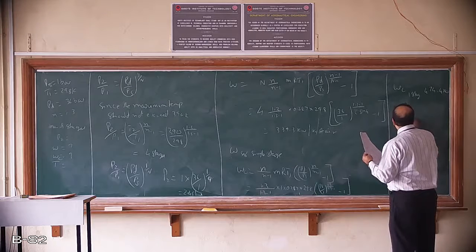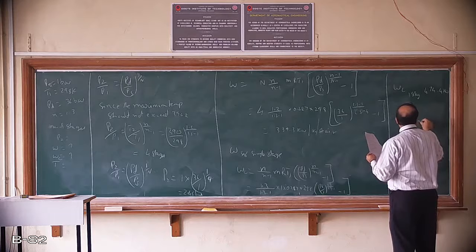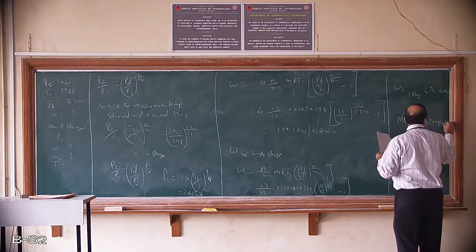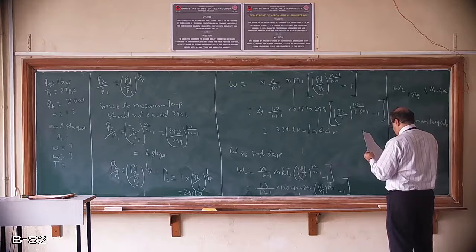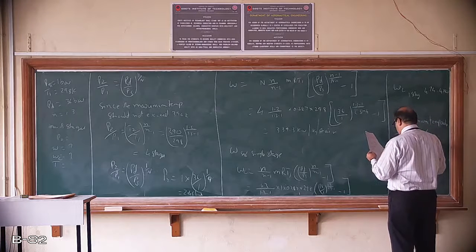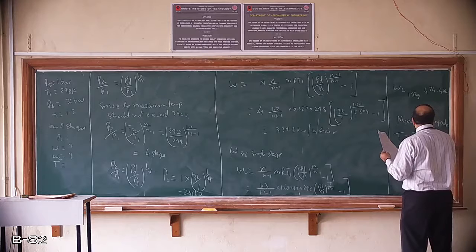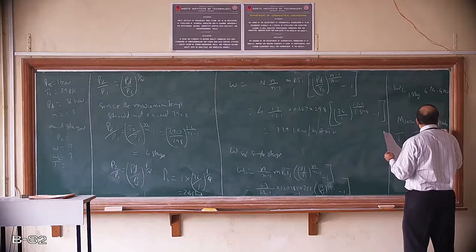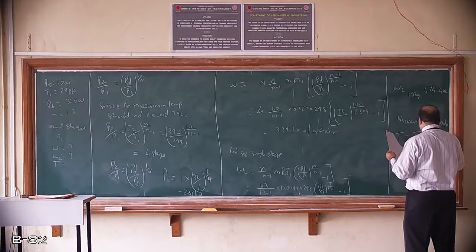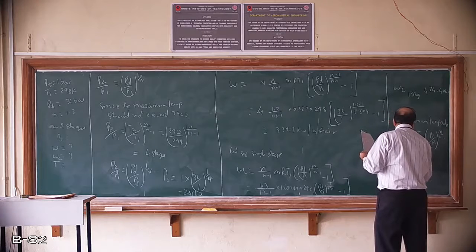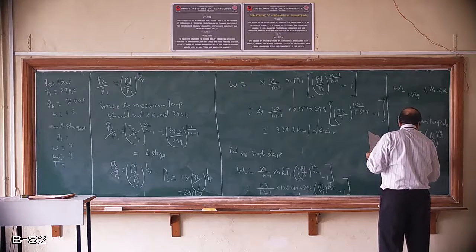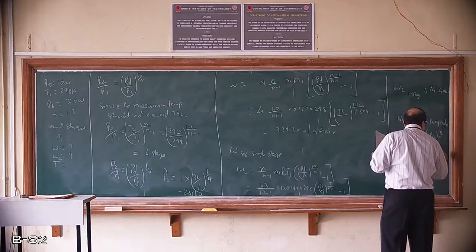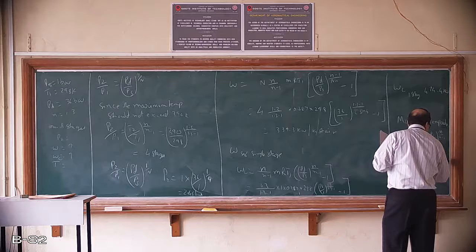So calculation of maximum temperature. T is equal to T1 into P2 by P1 to the power of N minus 1 by N. So this is 298 into 2.45 divided by 1, to the power of 1.3 minus 1 by 1.3.